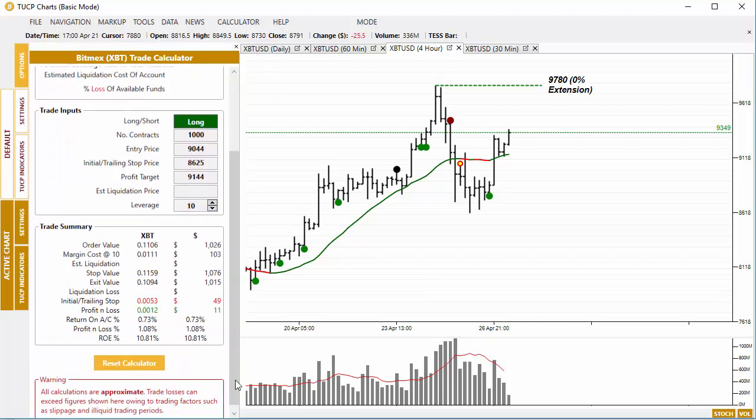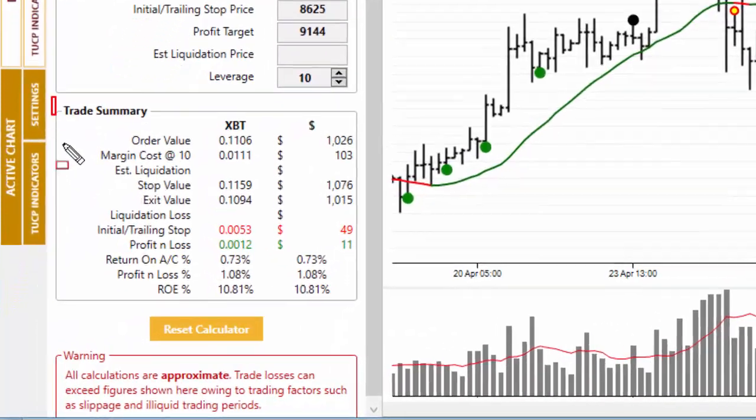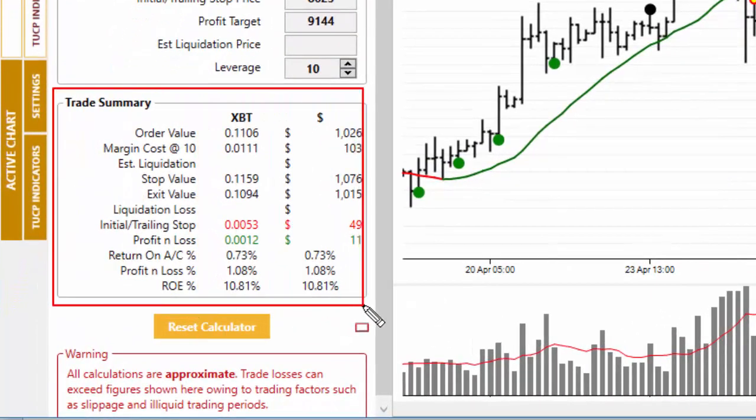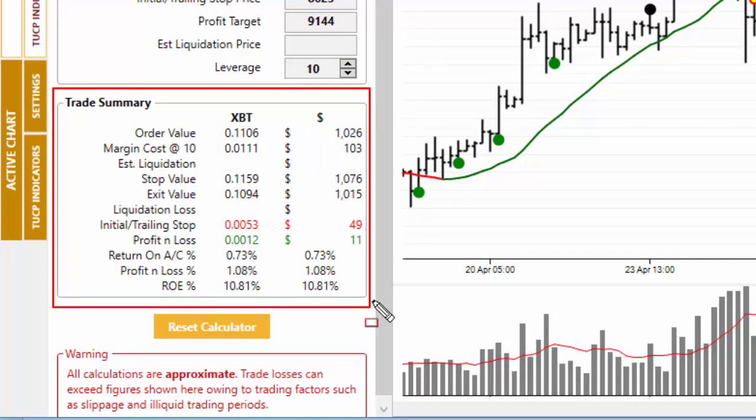The last thing to say, of course, is even though the figures are calculated for you, you've got to keep in mind that there is always a constant fluctuation in prices, whether it's the dollar, the pound, the euro, and Bitcoin.